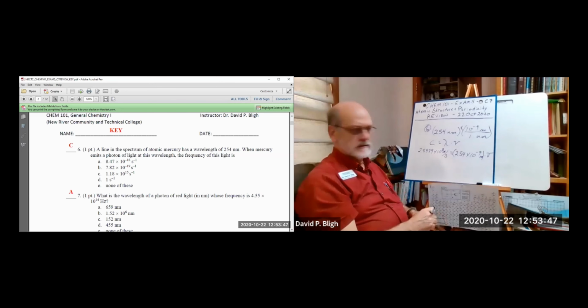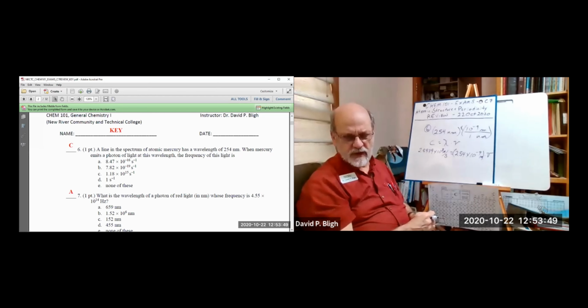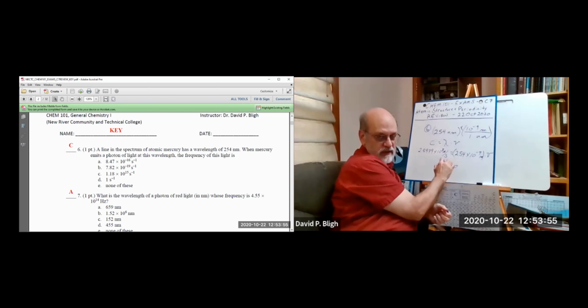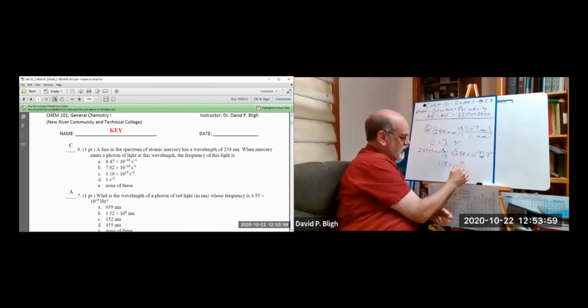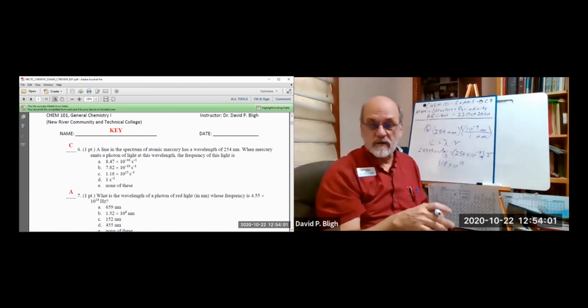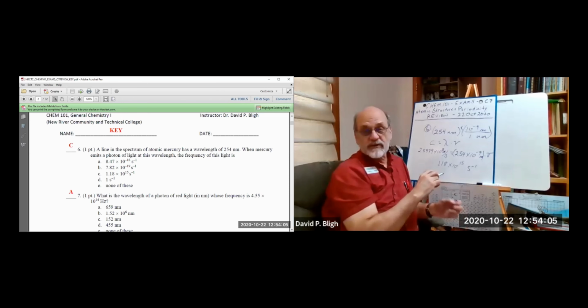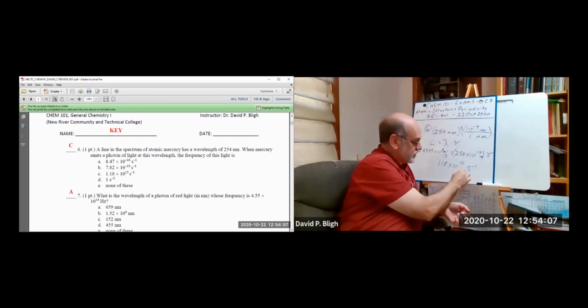And it should be C, which is 1.18 times 10 to the 15th. Now, the units of measure in the answer are reciprocal seconds. But reciprocal seconds are the same thing as hertz.